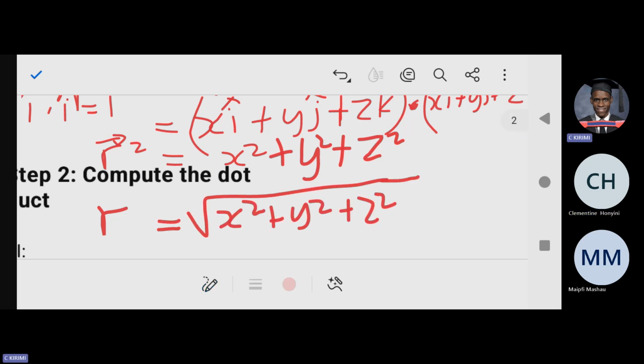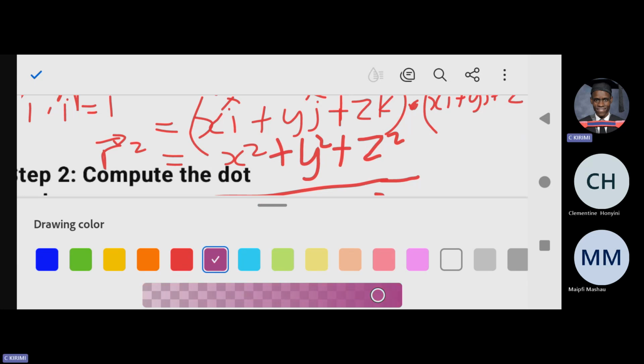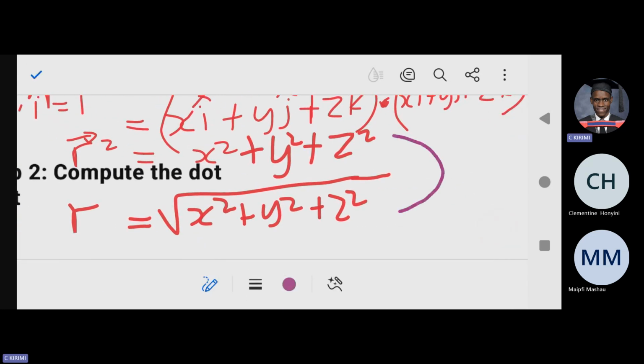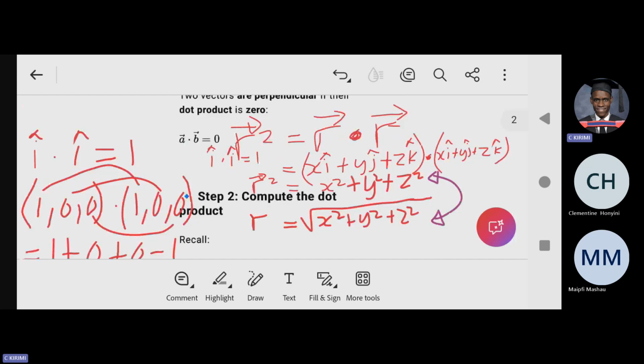That is r. So what is the relationship between r squared and r? If I'm to ask you, how are you going to find the relationship between these two? Because there is a relationship here between what we have calculated, r squared and r. There are some things which are common here.